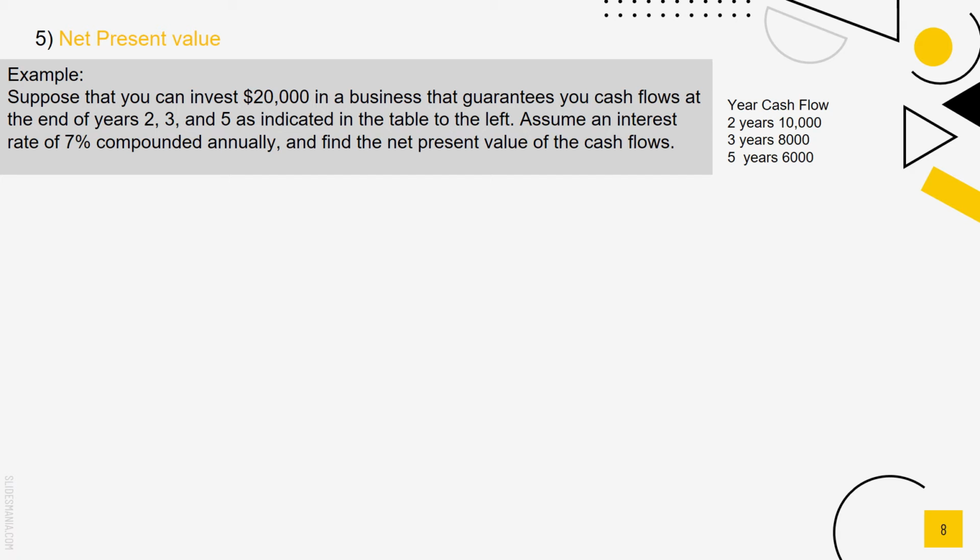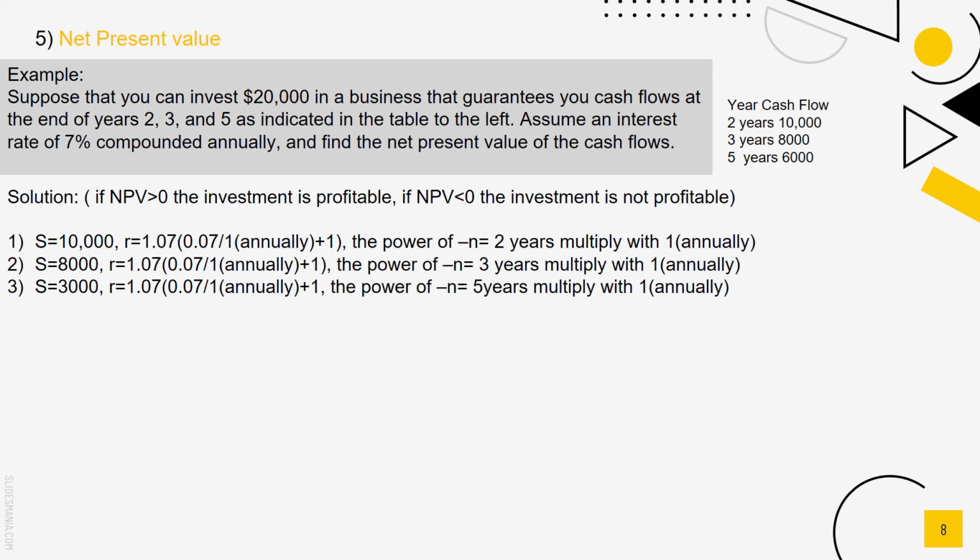Okay, the last part of the calculation for present value is net present value. In this part, usually the question gives us a table for 2 years, 3 years, and so on. If the net present value is greater than zero, the investment is profitable.